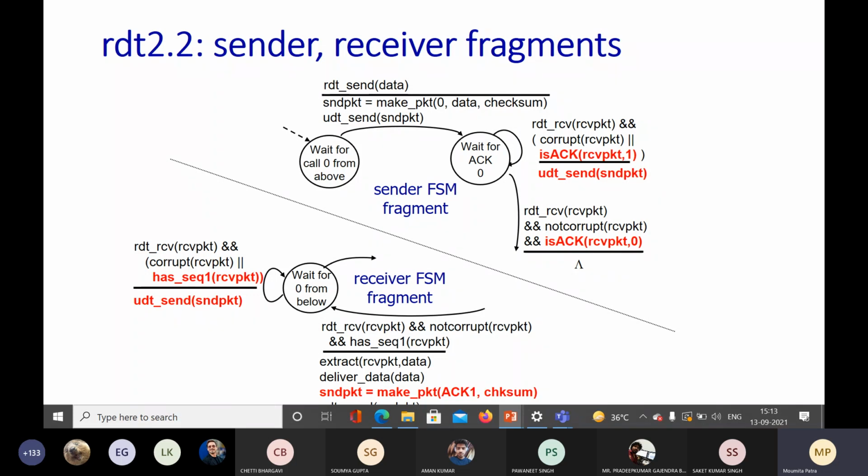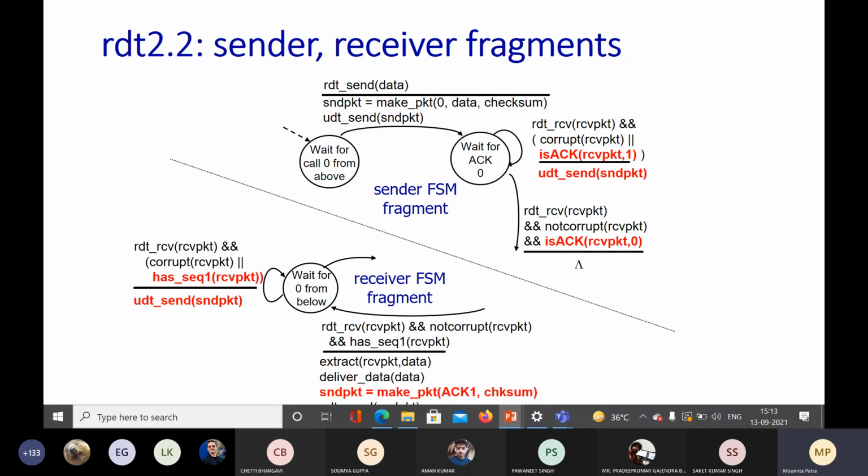So the last correctly received packet's sequence number will be sent to the sender side, saying that this is the last thing that I had received correctly. Right now I have not received anything correctly, I'm expecting the next packet to come.